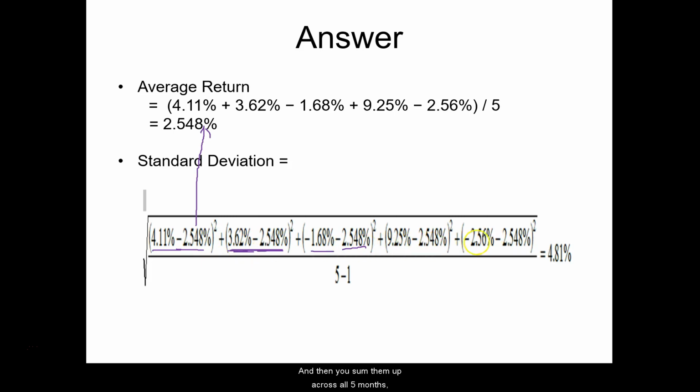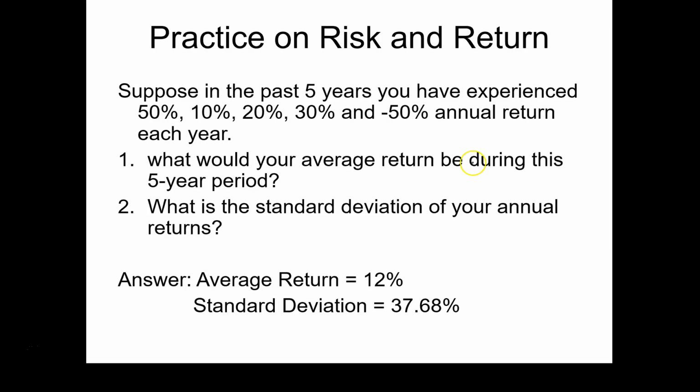Then you sum them up across all 5 months, and then you divide it by 5 minus 1, the n minus 1 according to the equation, and then you take the square root of it, and that is calculating the standard deviation according to the formula. So the standard deviation result here should be 4.81%. Here I have another practice question just for you to practice and calculate the average return and standard deviation of the returns.